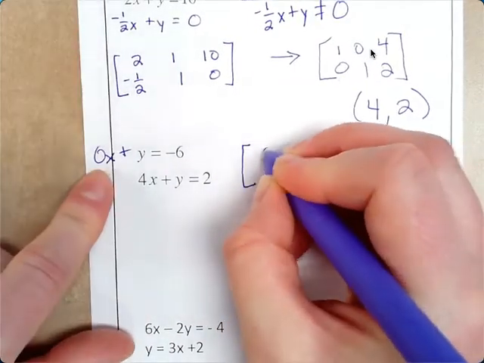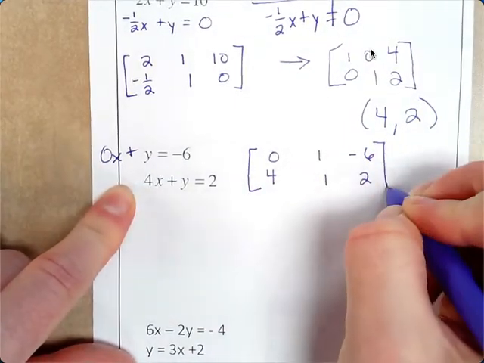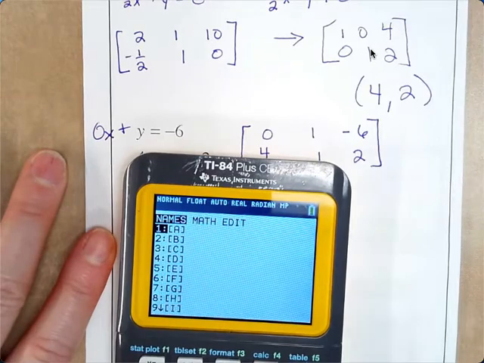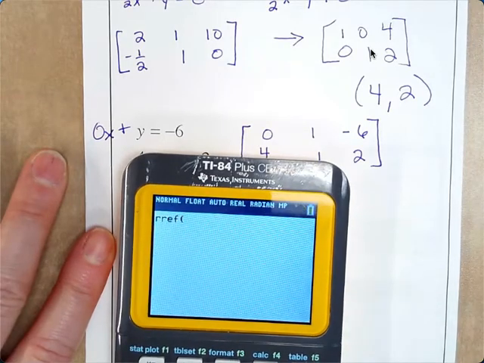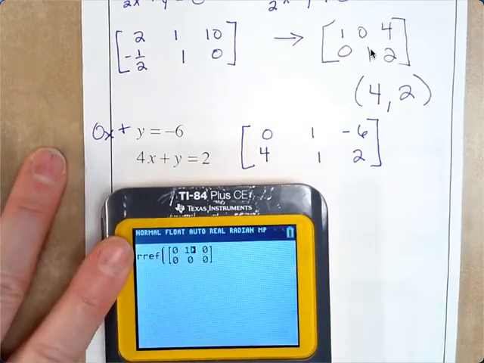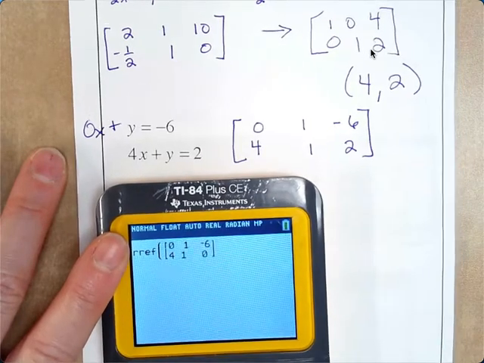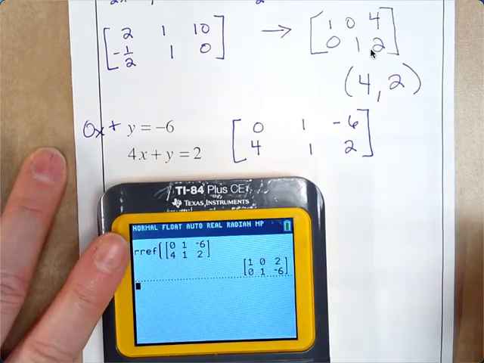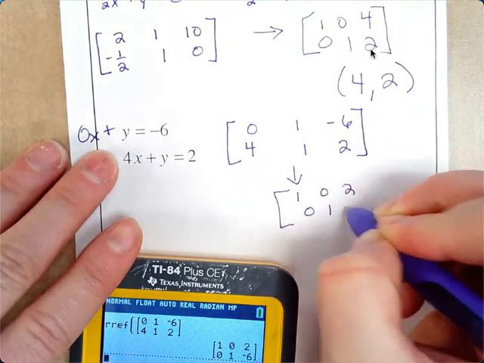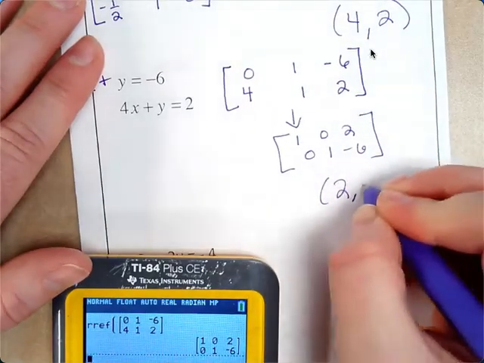So as a matrix, that'd be 0, 1, -6, and 4, 1, 2. So our x value is 2, our y value is -6.